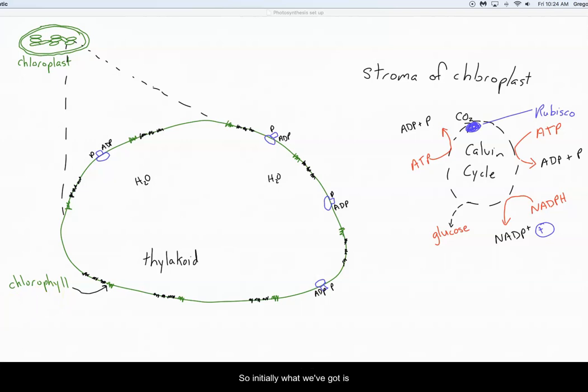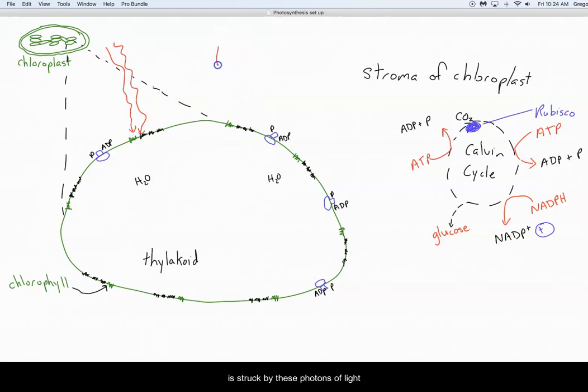So initially what we've got is solar energy coming down, and the chlorophyll is struck by these photons of light, and I'm drawing very poorly in red, so we'll call them sunlight.